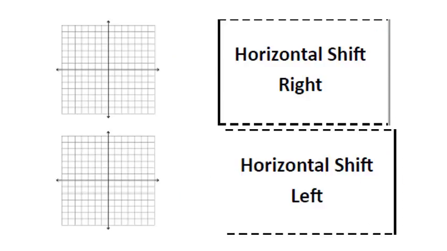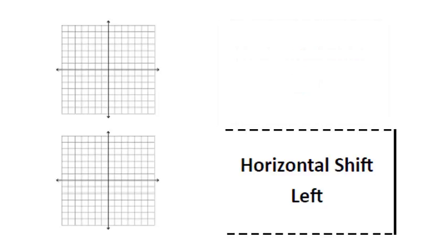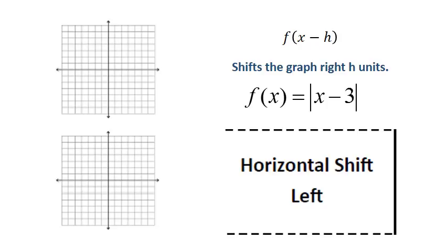Let's take a look at horizontal shifts. They're going to be very similar to vertical shifts. Vertical shifts were on the outside of the parent function, and they changed the y value. For horizontal shifts, it's going to occur inside the function, or in this case, inside the absolute value.